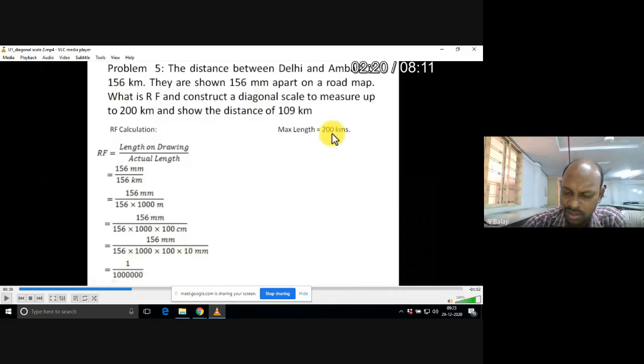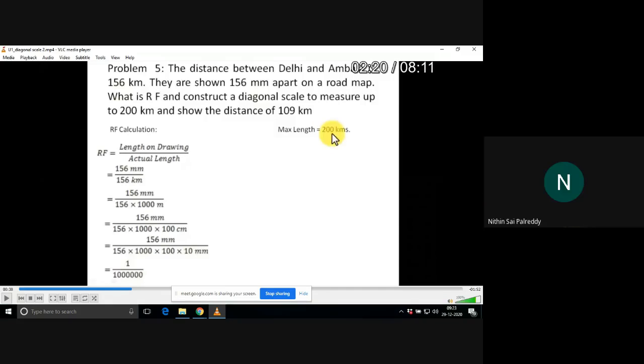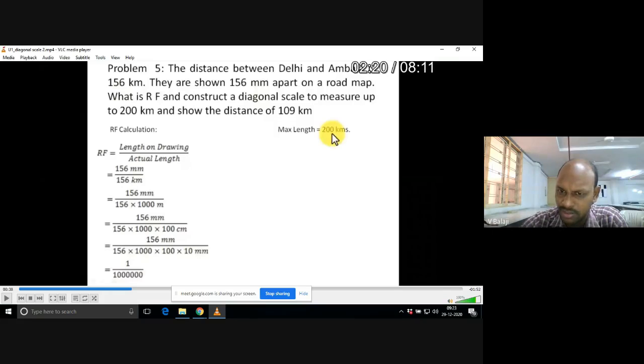In a diagonal scale, we first have the kilometer, the next subdivision will be the hectometer, and the next subdivision will be the decameter. So 10, 10, 10 is the relation. Accordingly, you have to see which is convenient.